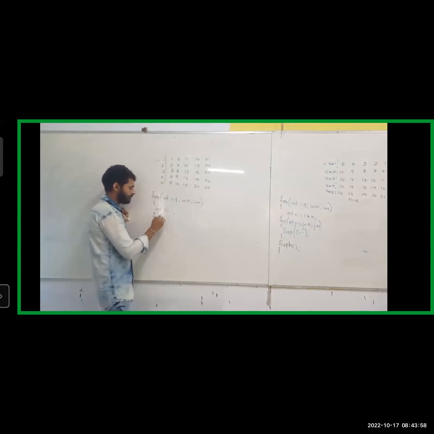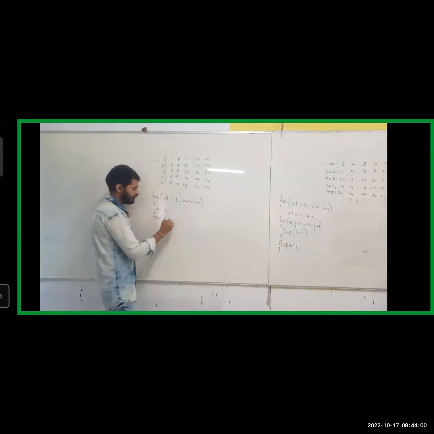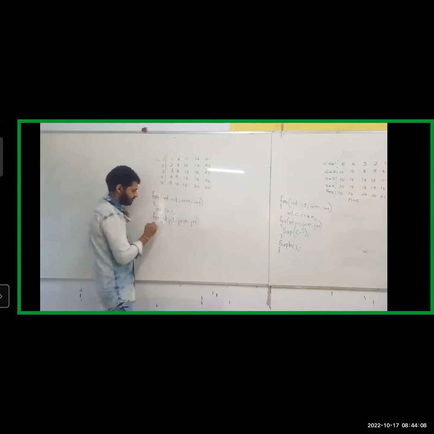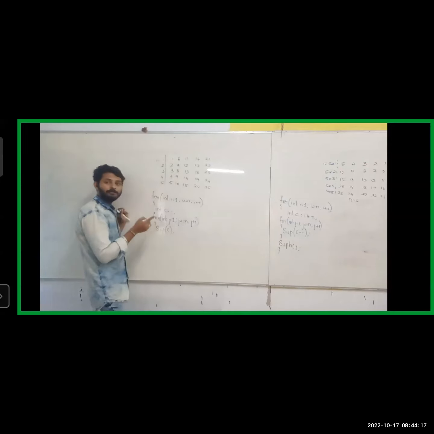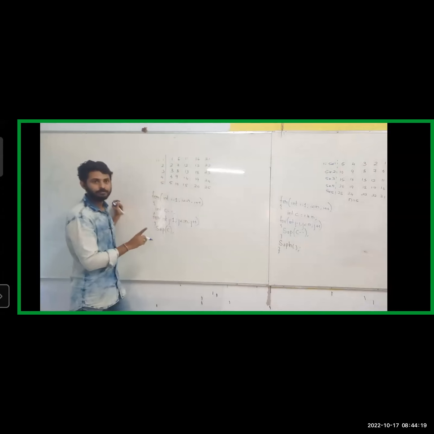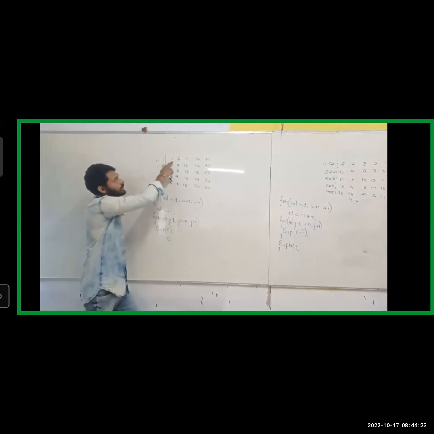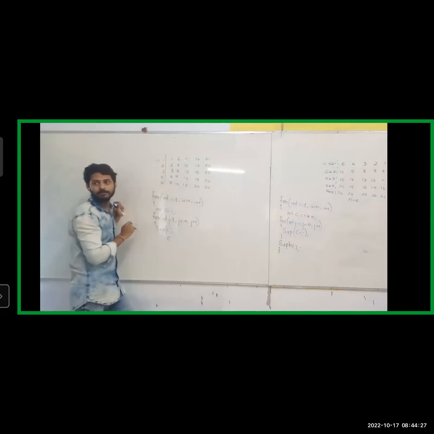For... first you print C. After printing C, every time, whatever is the value of C, take that. What is the value of C here? 1. For that one, how much if I add, I'll get 6? 5.